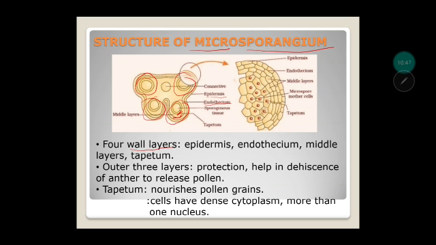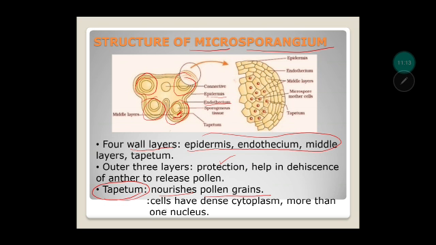You can say the outer three layers, which are the epidermis, endothecium and middle layer, are protective in nature and they help in dehiscence. Dehiscence means splitting of the anther to release the pollen, because pollen is going to take part in sexual reproduction. The innermost layer is the tapetum. What does the tapetum do? It provides nourishment to the pollen grains, because further they have to take part in sexual reproduction.